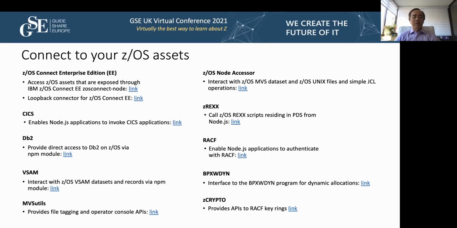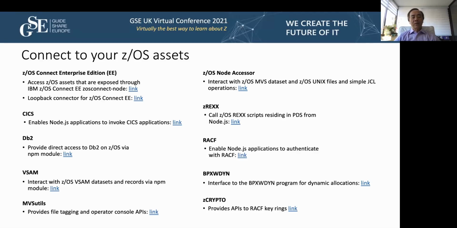For CICS, it is interesting because CICS actually enabled Node.js as a programming language. If you choose to, you don't have to use Java or PL/I or COBOL to write programming logic for CICS transaction applications. You can actually use Node. What it means is that the Node.js application will be running in the CICS region, the same way as CICS COBOL or CICS Java applications.